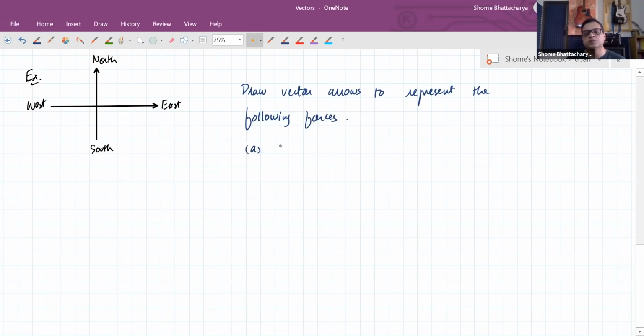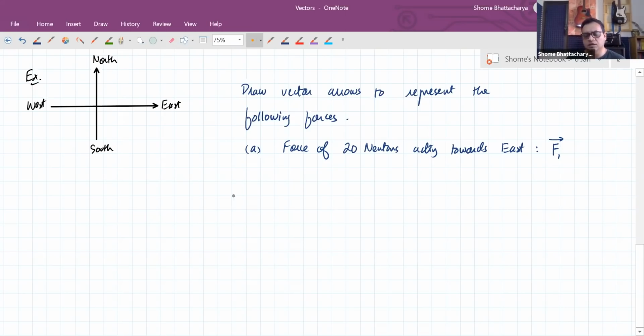So the first force we want to represent is a force of, let us say, 20 newtons acting towards east, and let us call this force F1. Now, as you know, when we put an arrow symbol on top of an alphabetical letter symbol, it represents a vector.